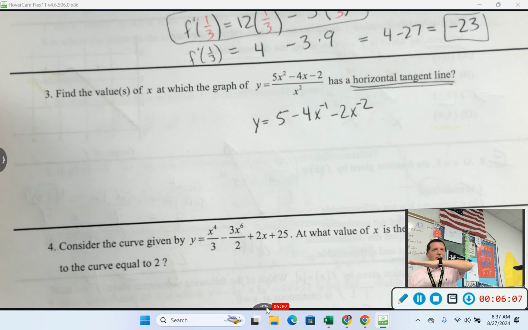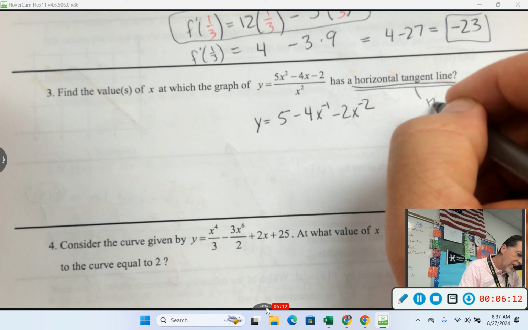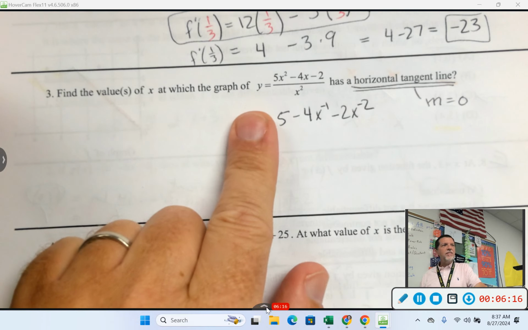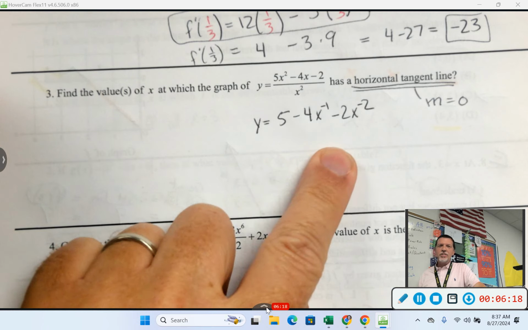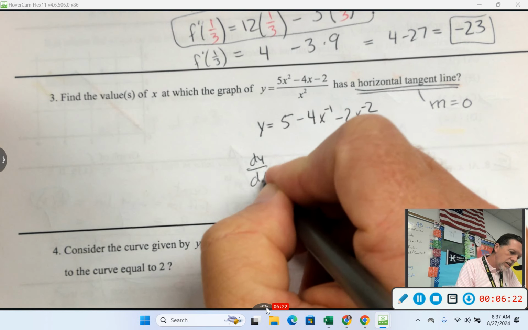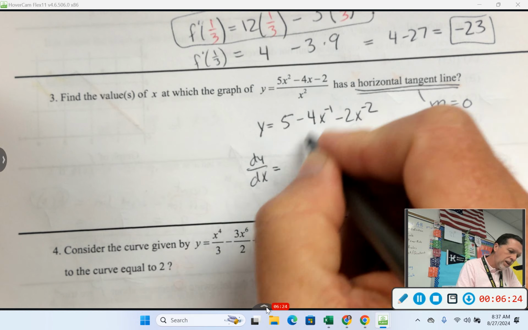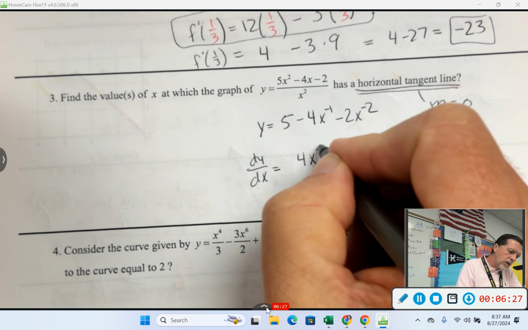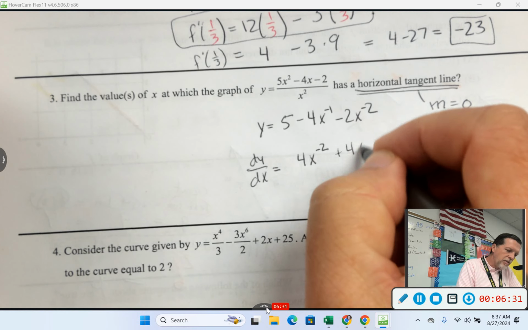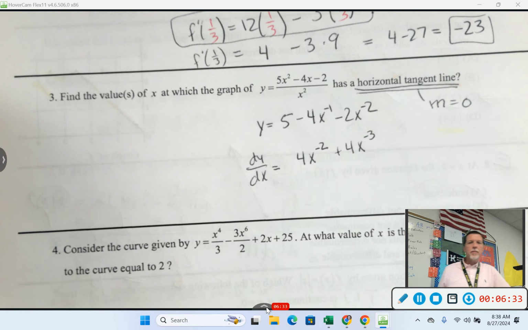0. So if I want to know where this thing has a slope of 0, let's take a derivative, because that would tell me slope, and then we'll set it equal to 0. So dy dx would be 4x to the negative 2 plus 4x to the negative 3.